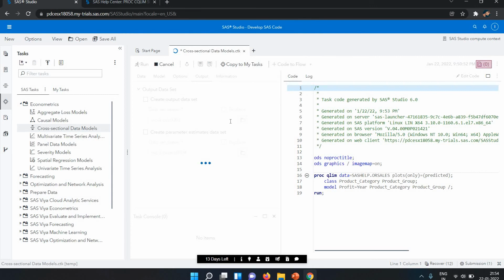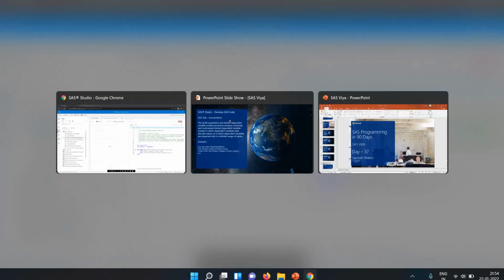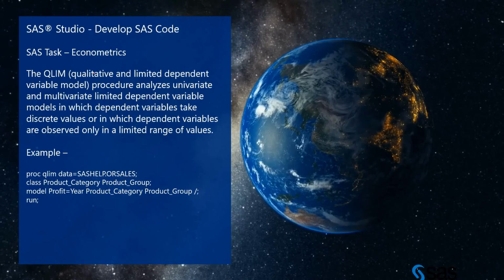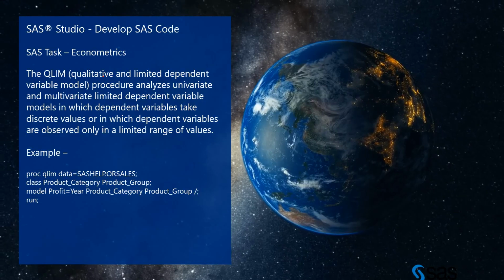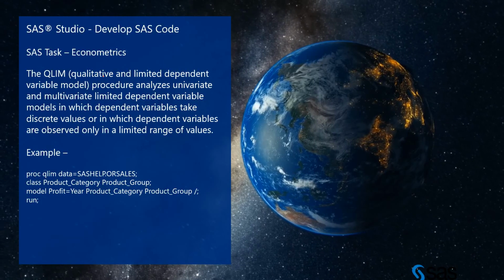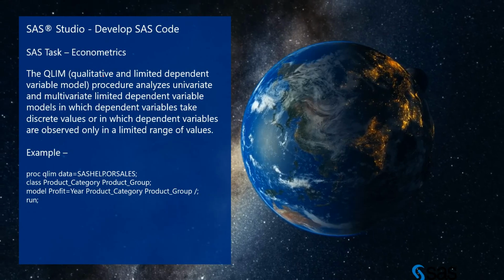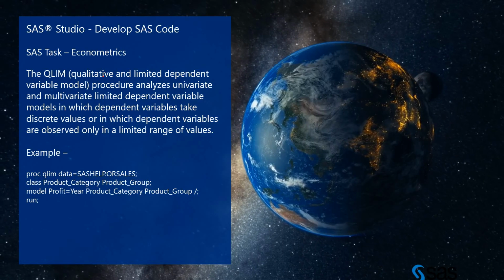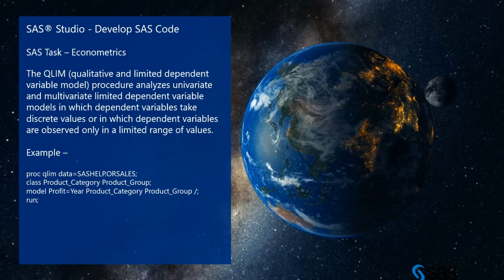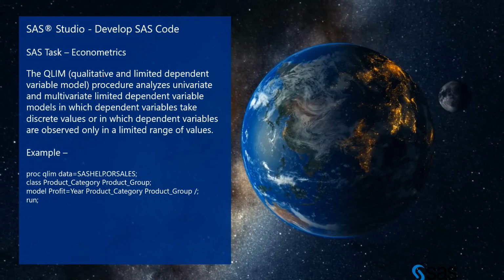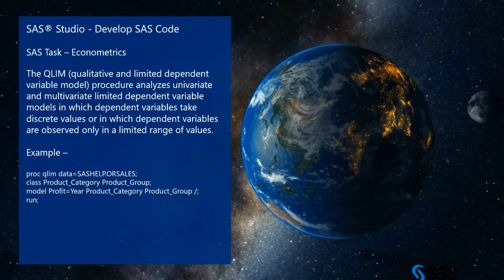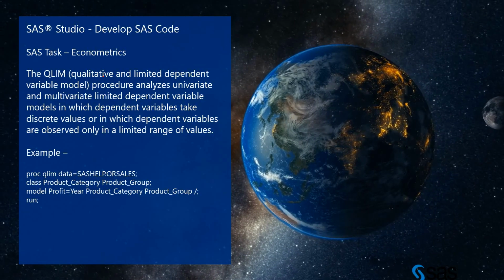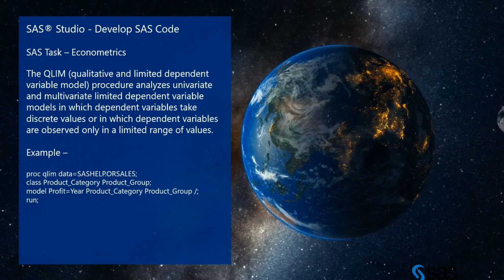So this is how we use QLIM, and QLIM is used for predictions with models related to dependent variables. It will show some predictions according to the class and the model we selected. So this is all for today, we have done PROC QLIM.